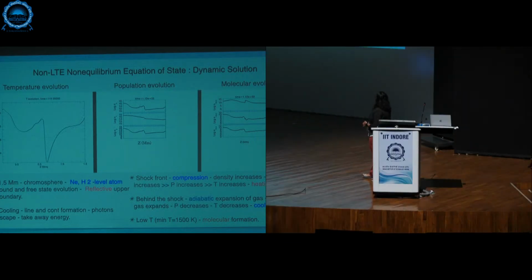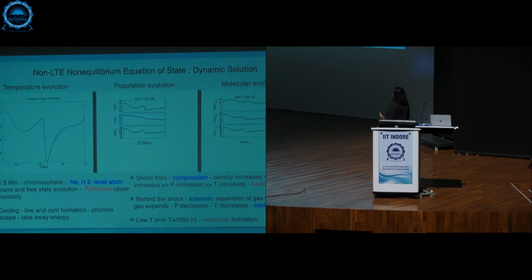You can see the temperature profile and, for example, the H2 here. They are inverted because when the temperature is cooler, there is more molecular formation, and when it is hot, you see that the ionization increases. So, what we see here is adiabatic cooling behind the shock and so on.